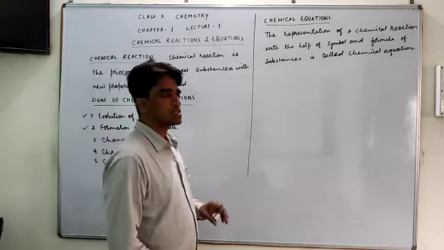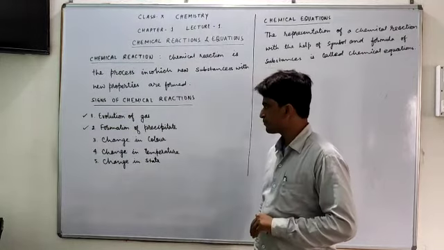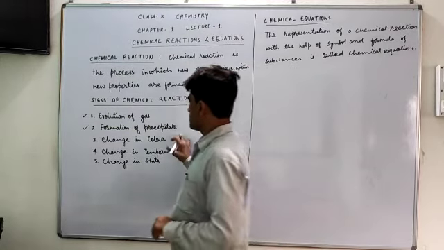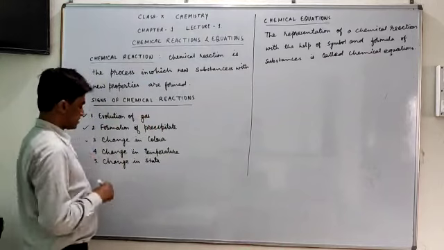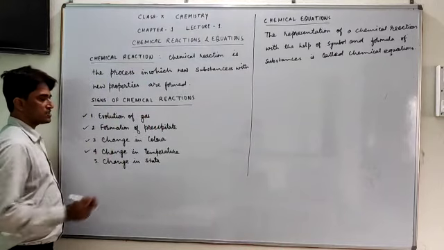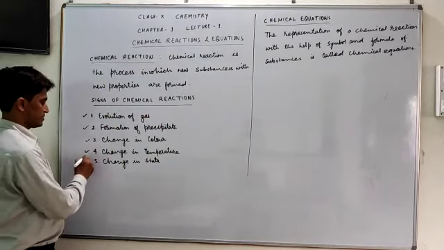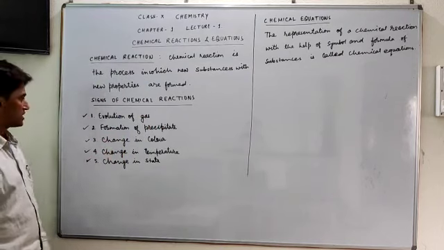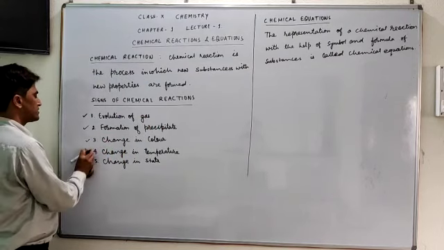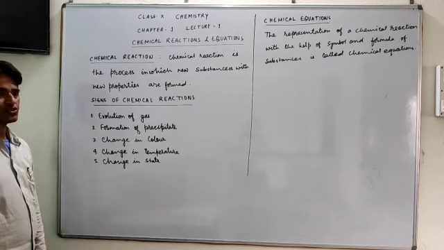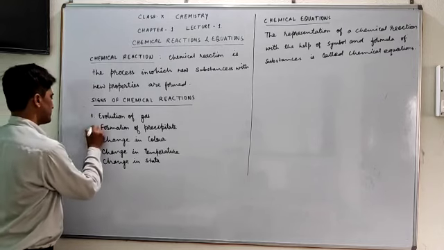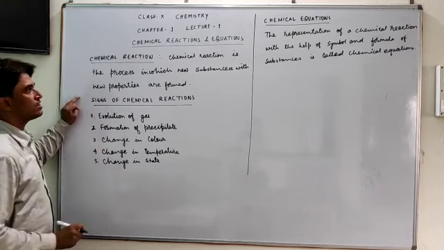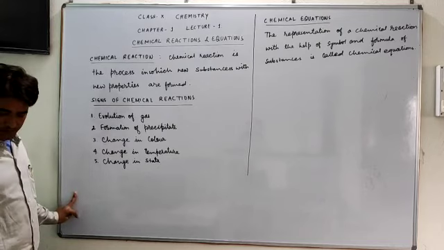Precipitate means an insoluble solid substance. Next is change in temperature. Some reactions occur with change in color. Some reactions occur with change in state. These five factors indicate that chemical reactions are occurring. These factors are the signs of chemical reaction.